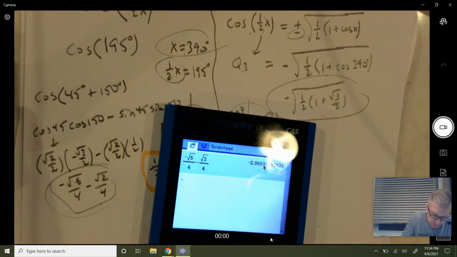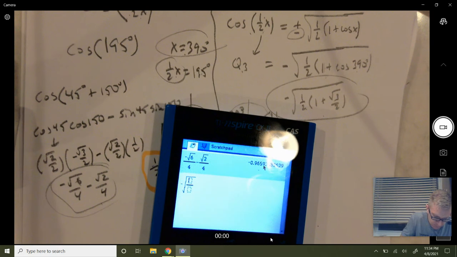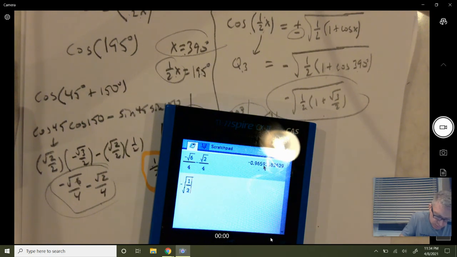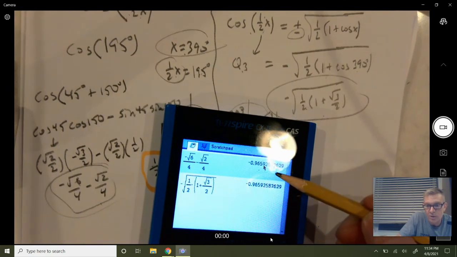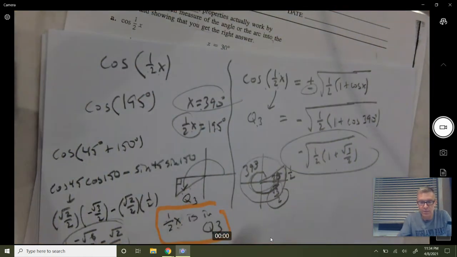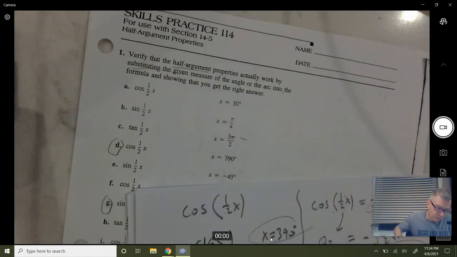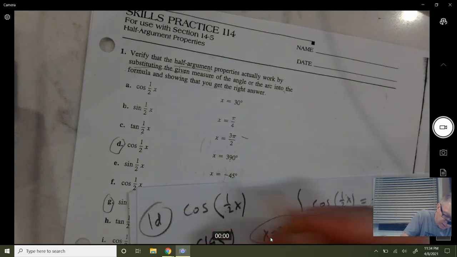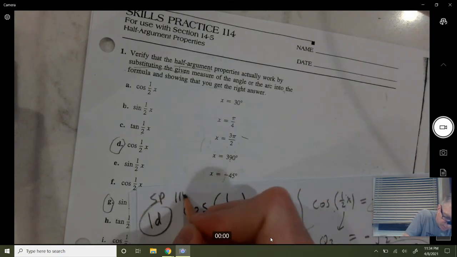We get negative square root of 1/2 times parenthesis 1 plus rad 3 over 2, control divide, and we get the same thing. So we just confirmed that we get the same thing plugging in directly and over here, and that the formula does in fact work. So this was 1D on skills practice 114.